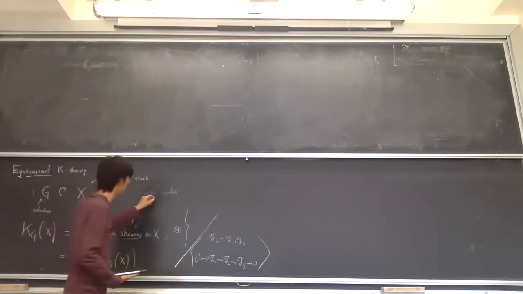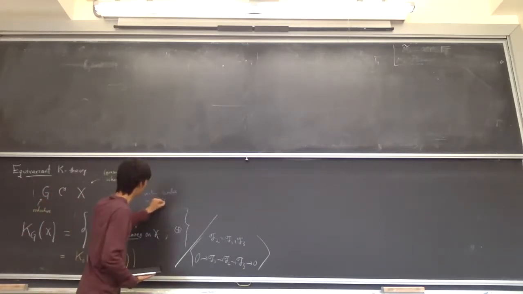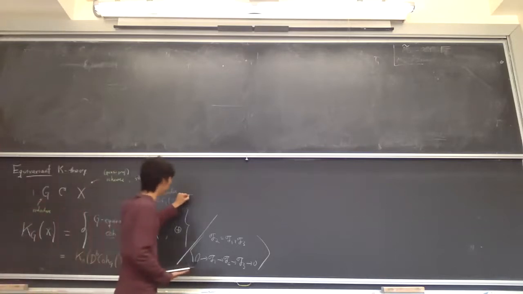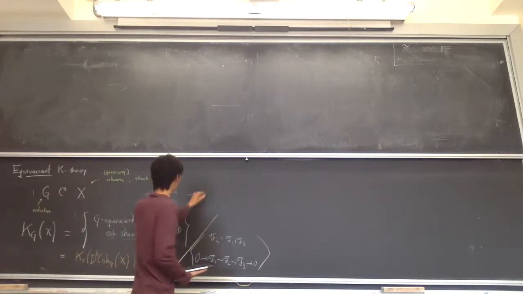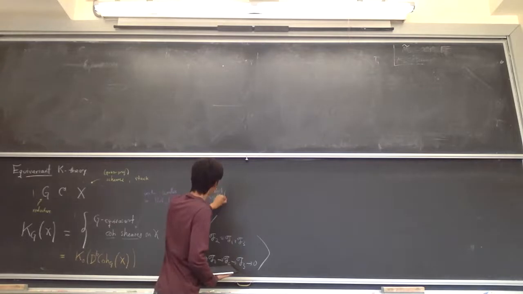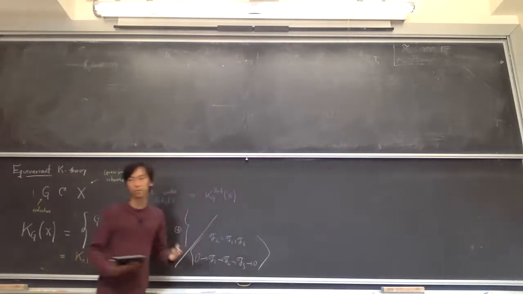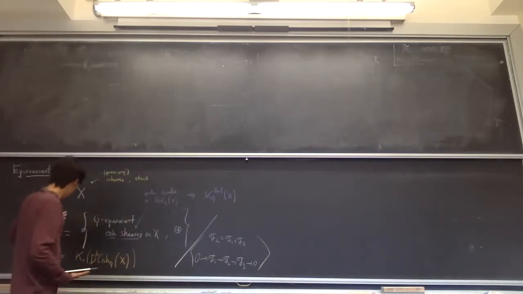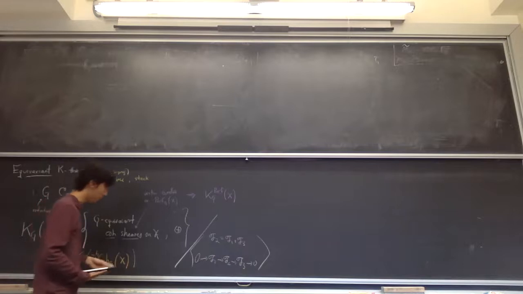These are things which are locally vector bundles. And that will give you some variant of the K group, which I'll call K_G perf of X. So there are some variants you can do here.